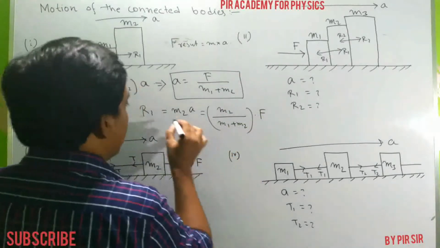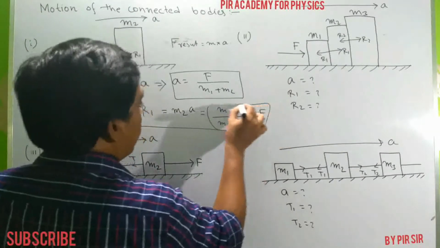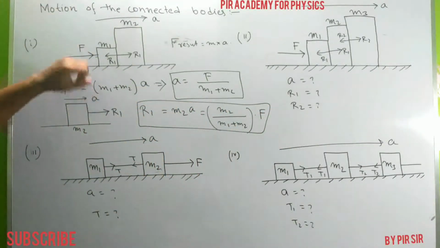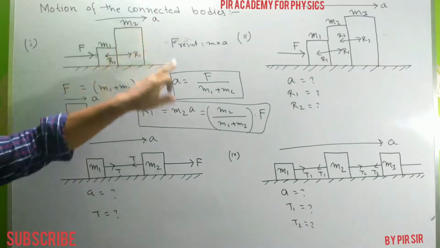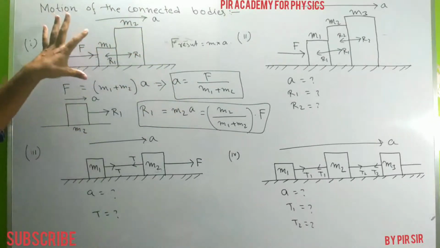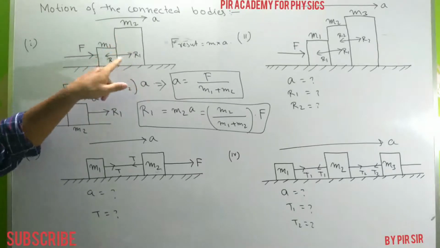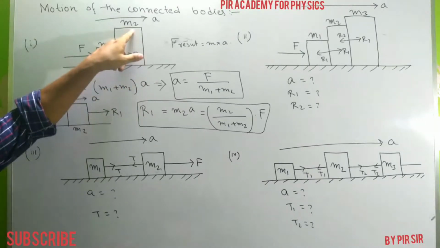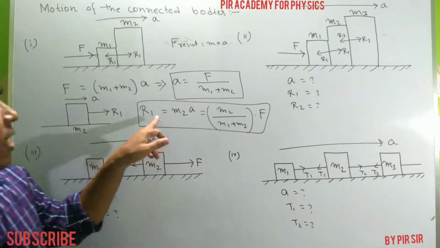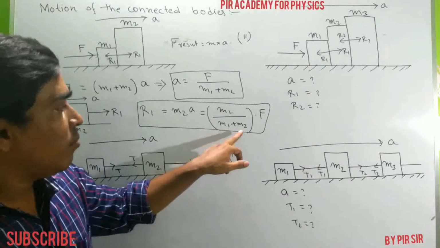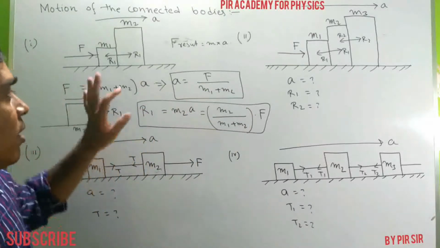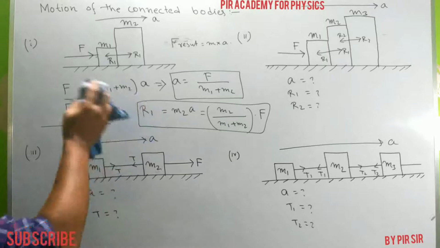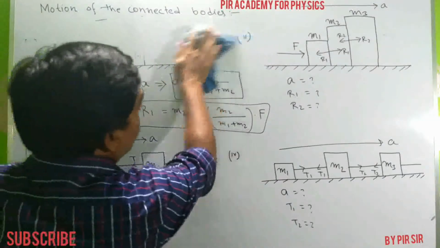So the reaction force R1 exerted by M2 on M1 is R1 equals M2 divided by M1 plus M2, into F. This completes type 1. Then you have to calculate the type 2 problems.